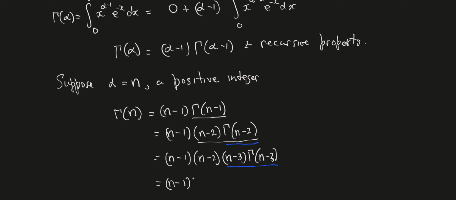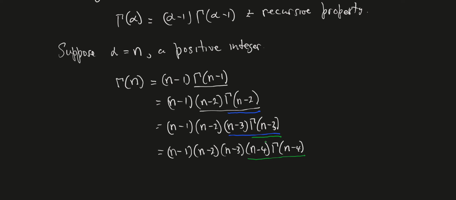And then I have n minus 1, n minus 2, n minus 3. Now when I apply the property to gamma of n minus 3, I'm going to have n minus 4 times the gamma of n minus 4.